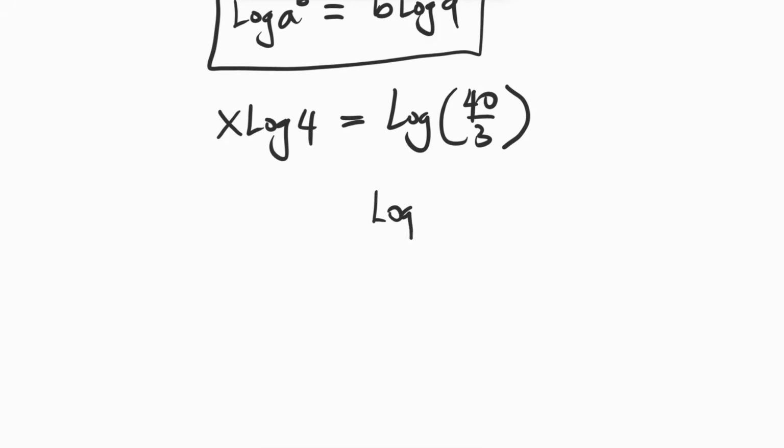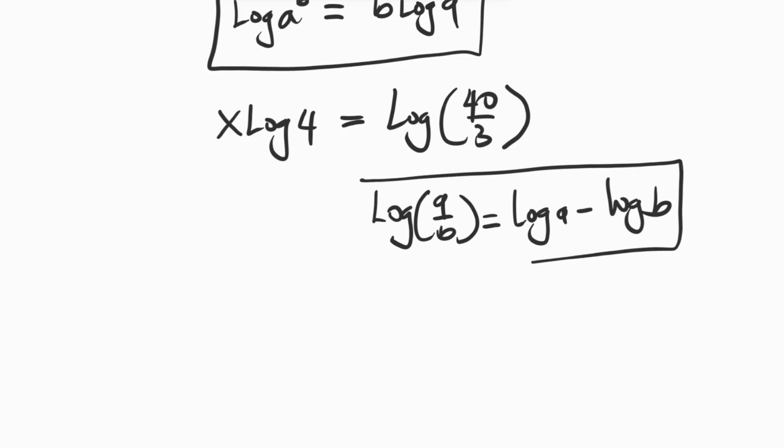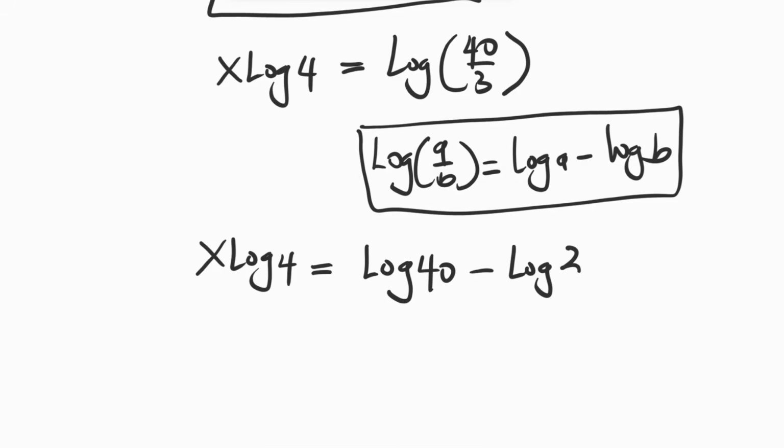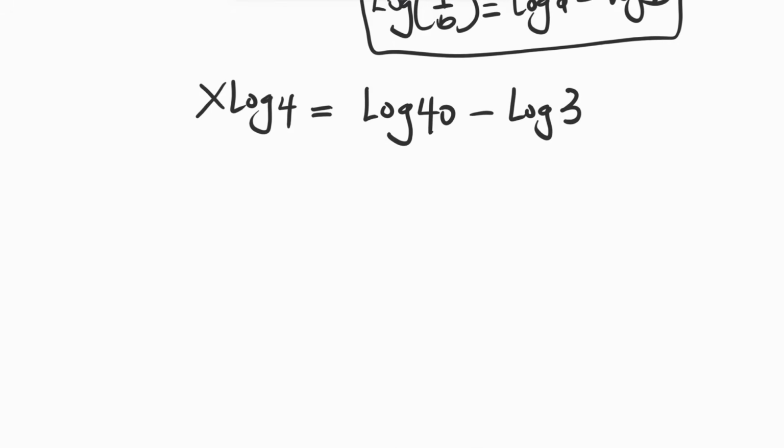We also know that log of a over b is equal to log a minus log b. Now this rule is going to apply to the right hand side of the equation. So we have x log 4 equals log 40 minus log 3. Now let us break down 40.